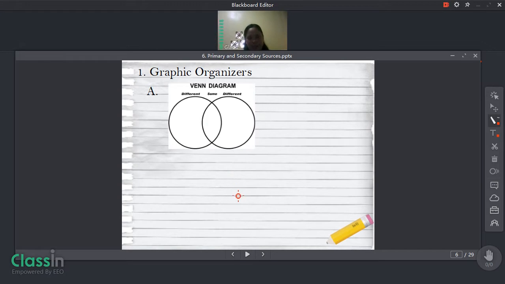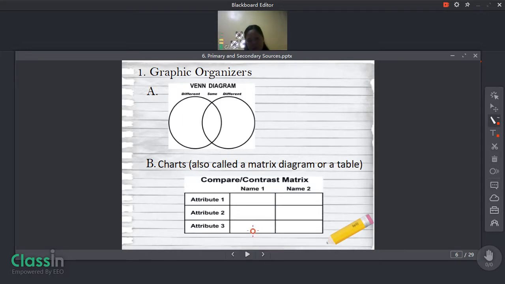And then we can also use the chart. The chart is also called a matrix diagram or a table. It looks like this, writing the attributes, the similarities and differences of the things that we compare.